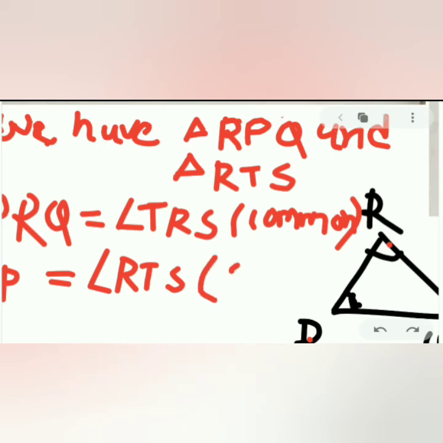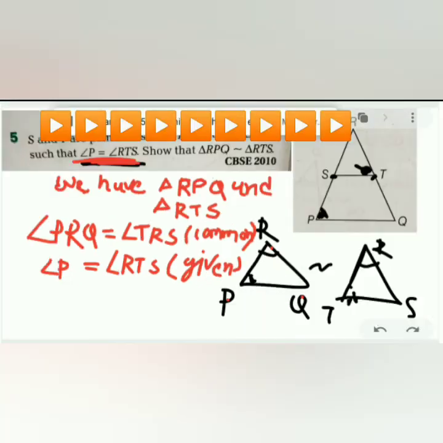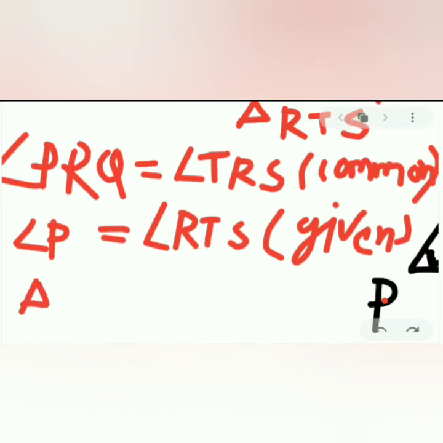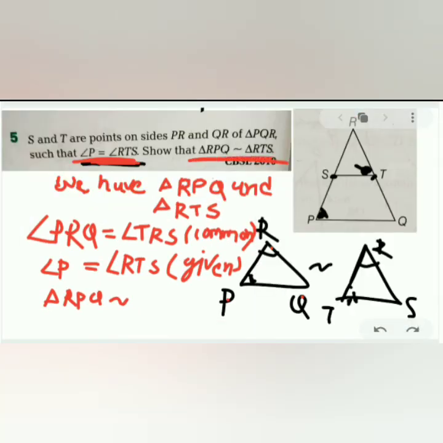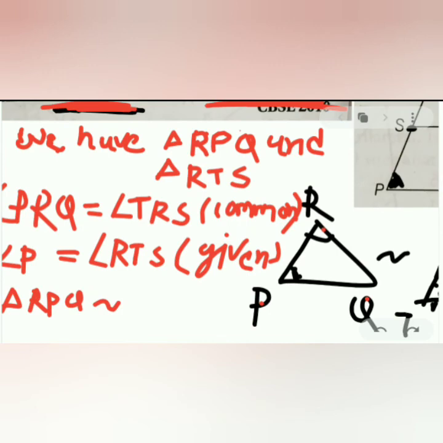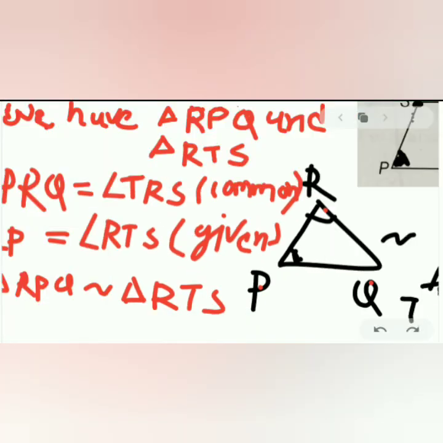How did we write this? From given. If we have two angles the same, we can directly write triangle RPQ is similar to triangle RTS. From which criterion did we use this? It is very easy. We used AA similarity, so in bracket we will mention AA similarity.